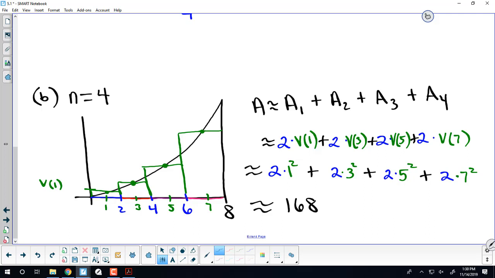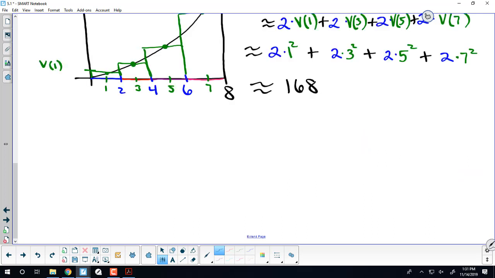So we went from an approximate area using 2 rectangles of 160 to 168 using 4 rectangles. The exact area, just for comparison, is 170.6 repeating.